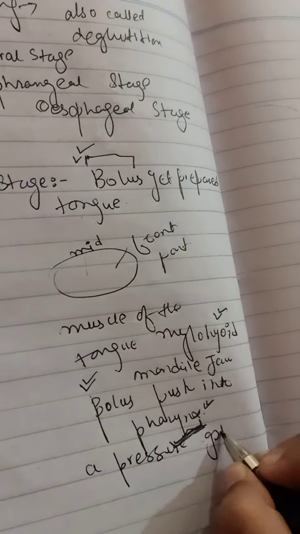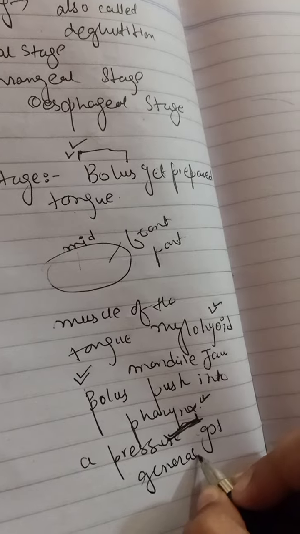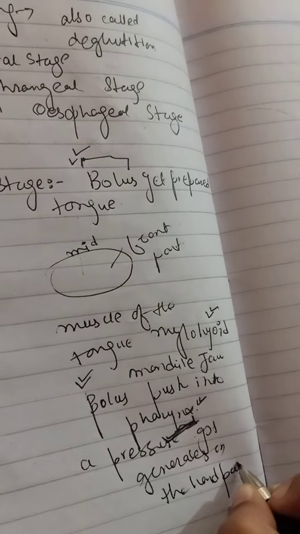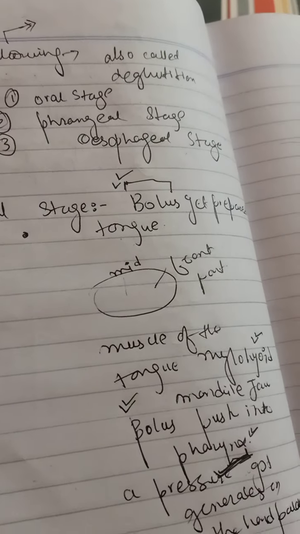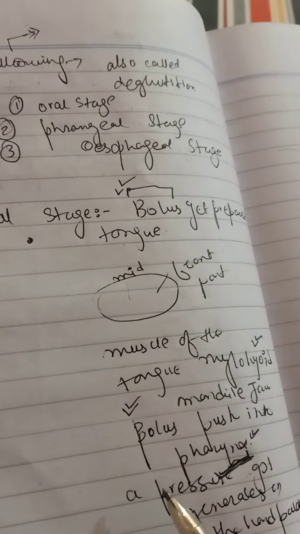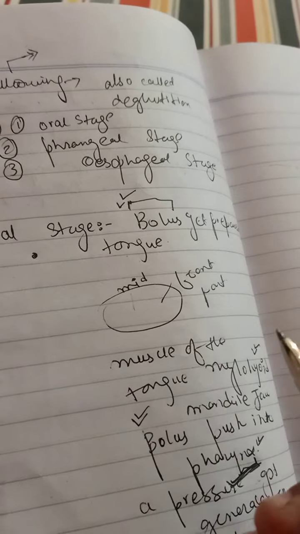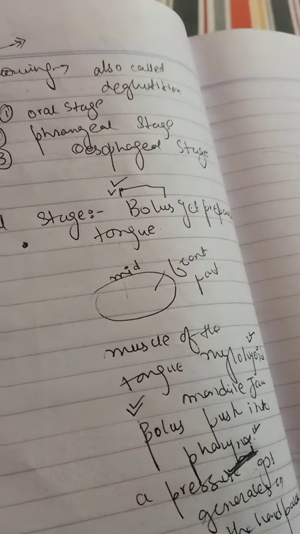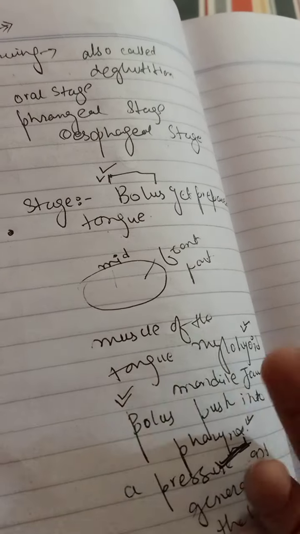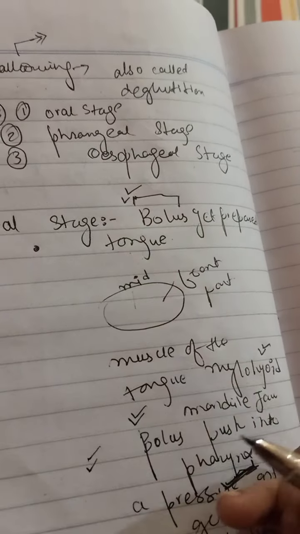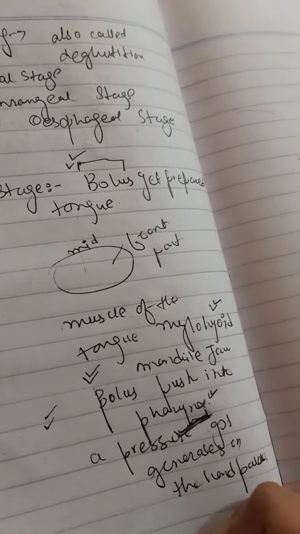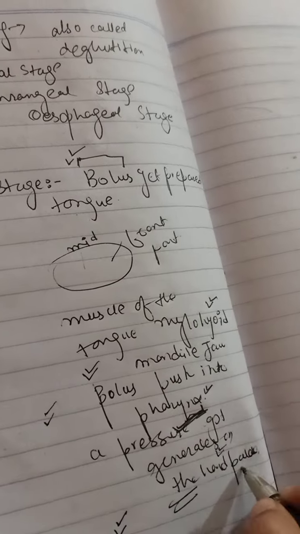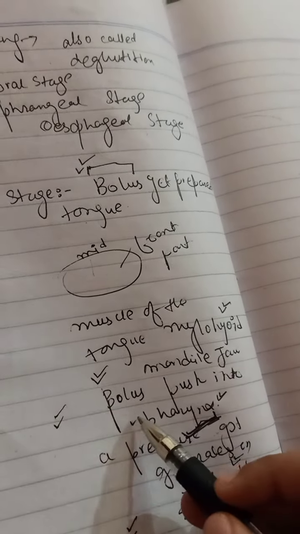The bolus from the oral cavity will be moving into the pharynx, and our mouth will close, of course. So the pressure is generated on the hard palate and the bolus is now in the pharynx.